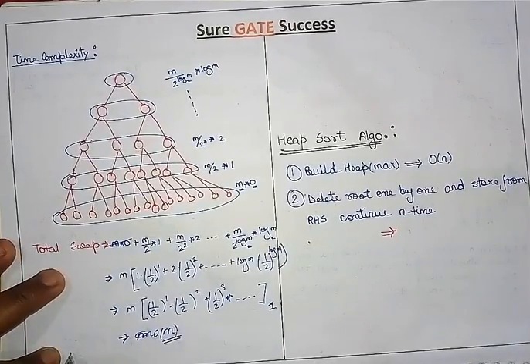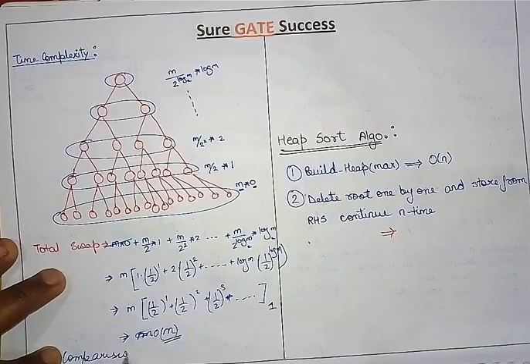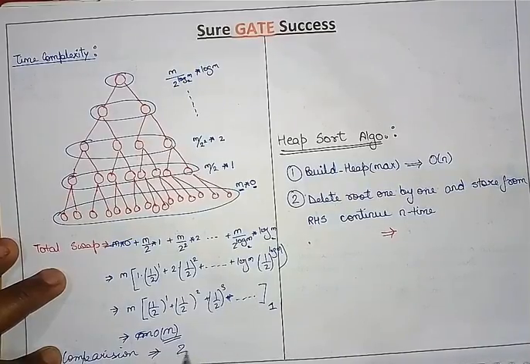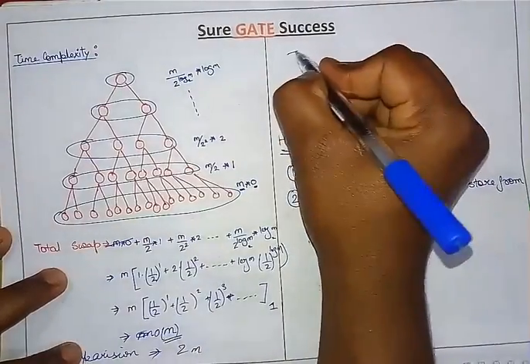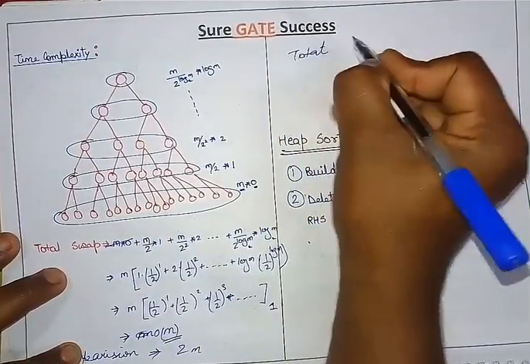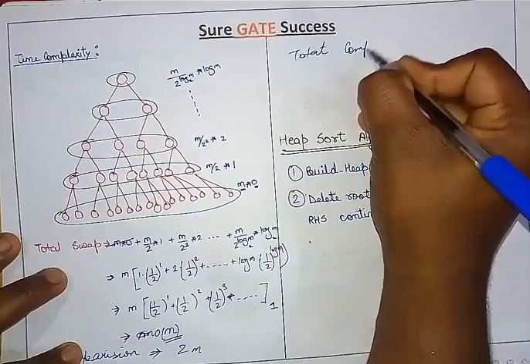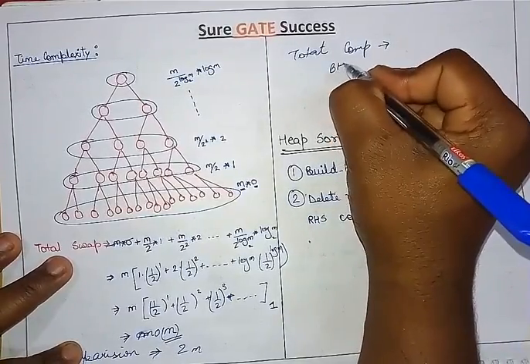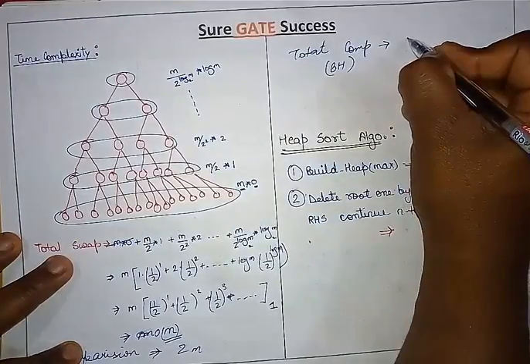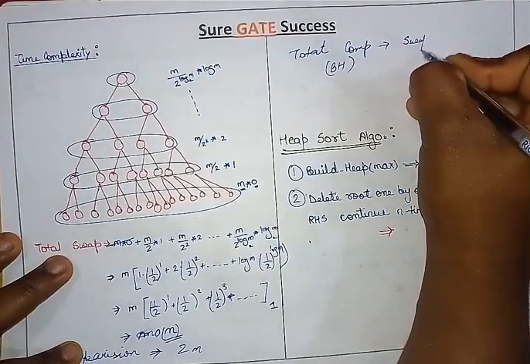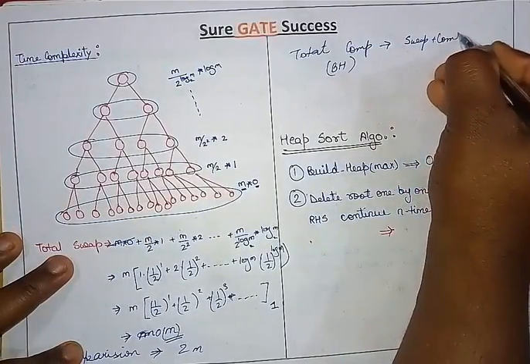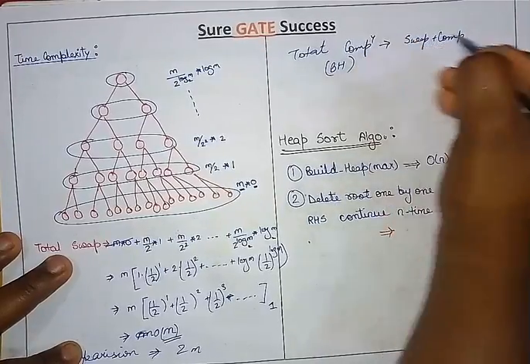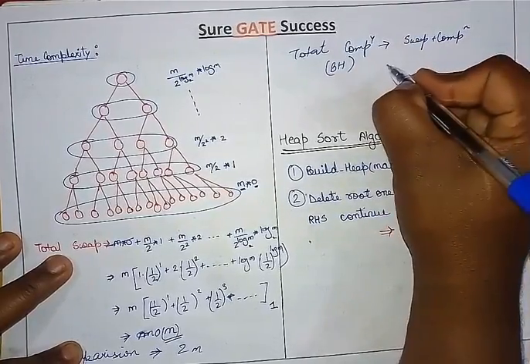and comparison will be nothing but 2m, and the total complexity for build heap will be what? Swap plus comparison.